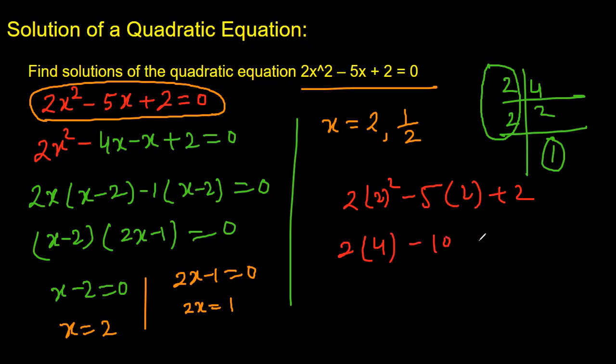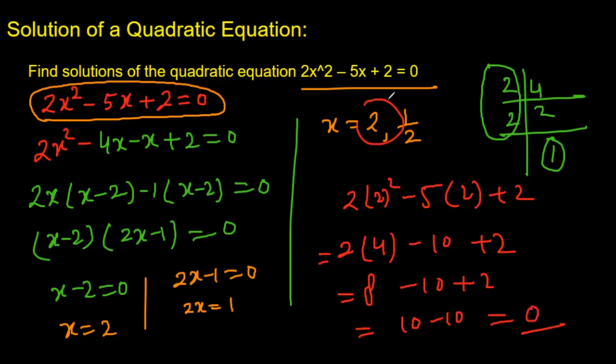Minus 5 into 2 is 10 plus 2. All right, so this is 8 minus 10 plus 2. That means how much? Positive, positive added, 10 minus 10, which is 0. Yes, so this is satisfying.